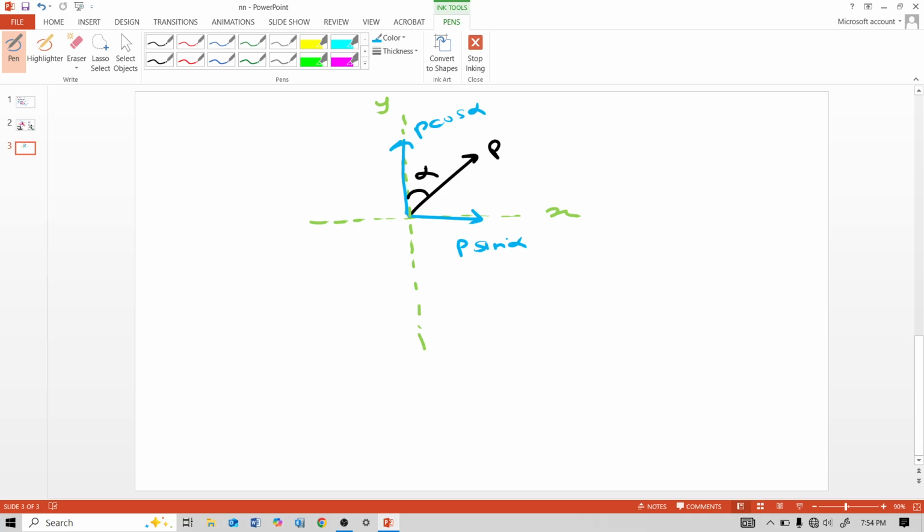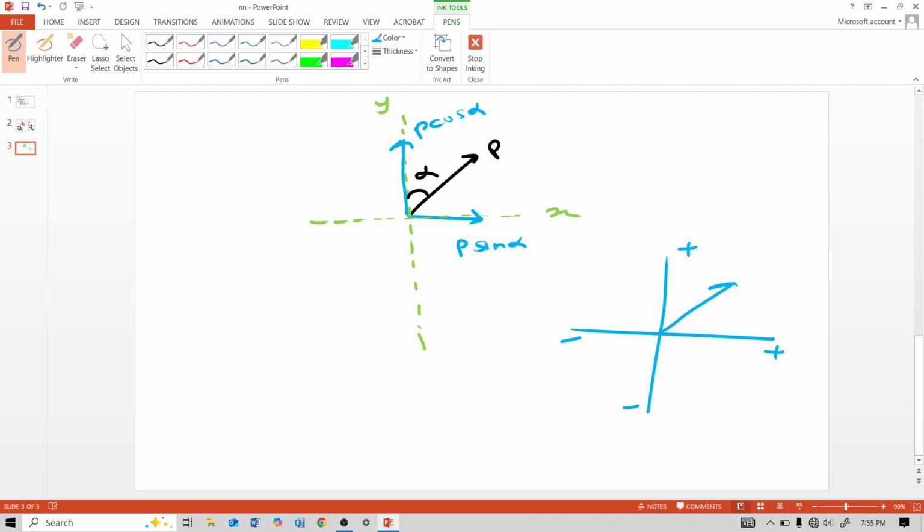So if the component is acting towards the right or upward, it is taken as positive, and toward the left or downward, it is taken as negative. Like this I told you. These are Cartesian coordinates. This is plus, plus, this is minus, minus, like this.